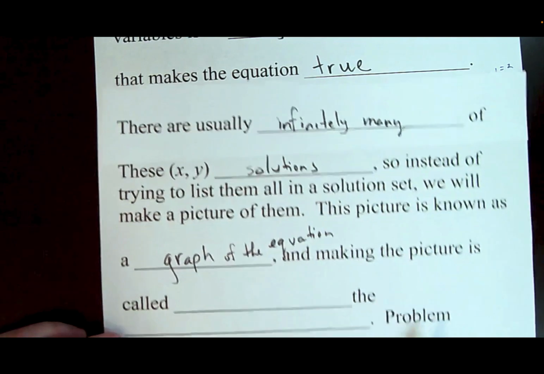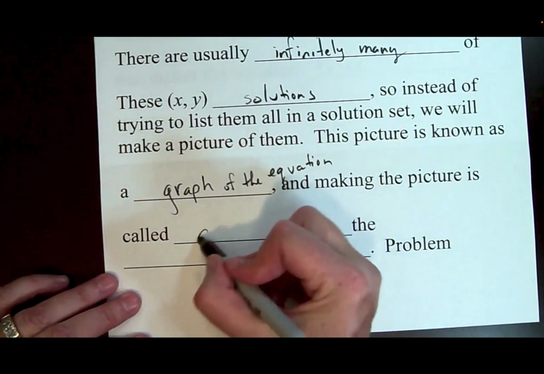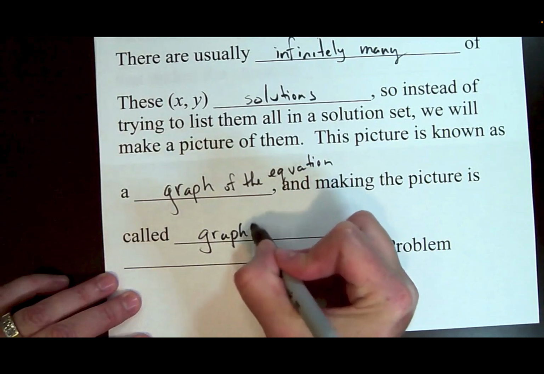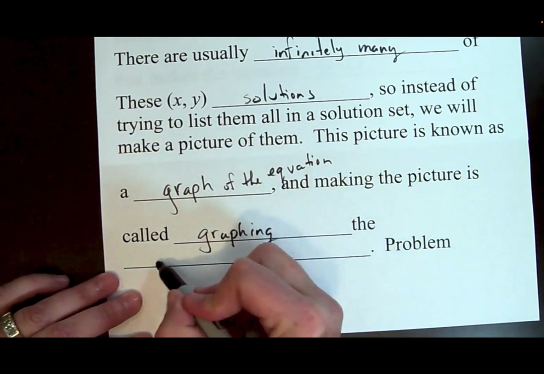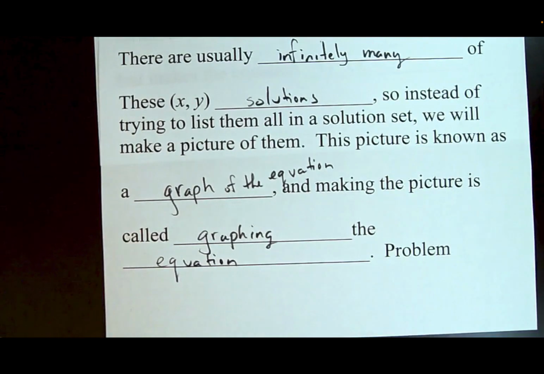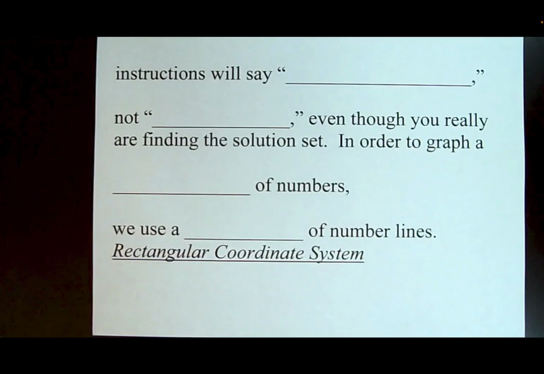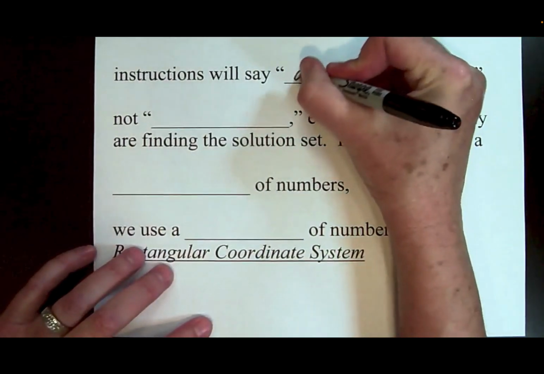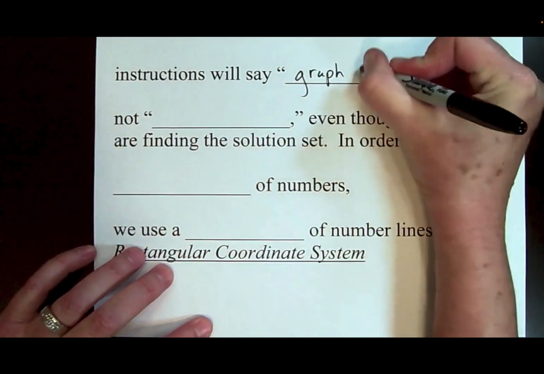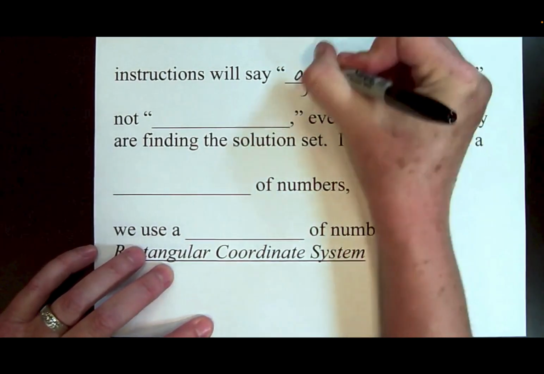Okay, so for some reason we don't use the word solution set. Making the picture is called graphing the equation. So the problem instructions are going to say graph the equation, or they might just say graph.